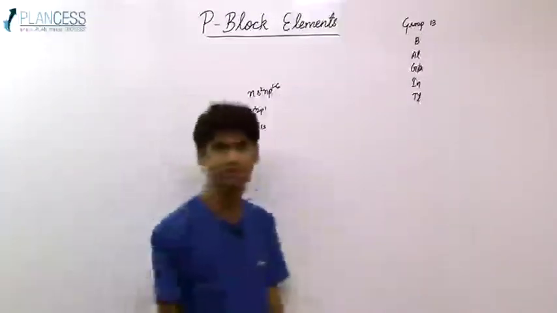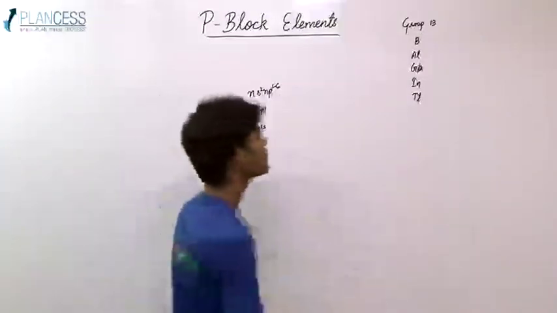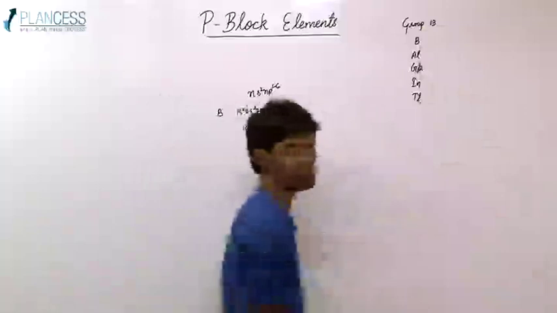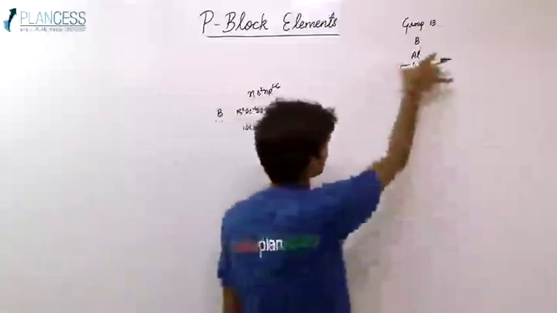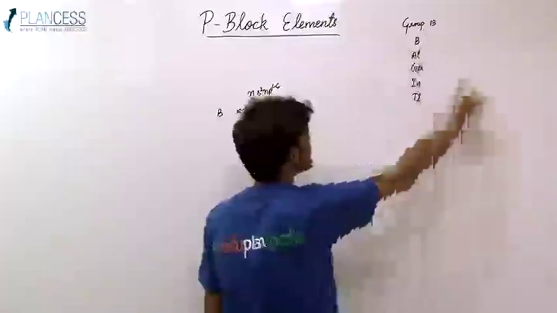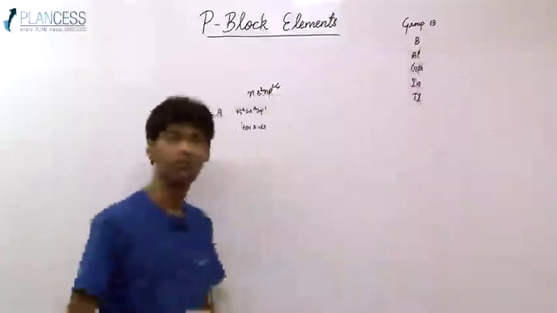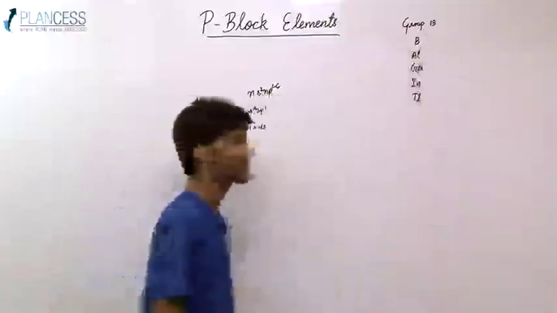Starting with it, first would be the atomic radii. We know that as we go down the group, atomic radii increases. However, in this case, the atomic radius of gallium is quite similar to that of aluminium because of poor shielding of 3d electrons.